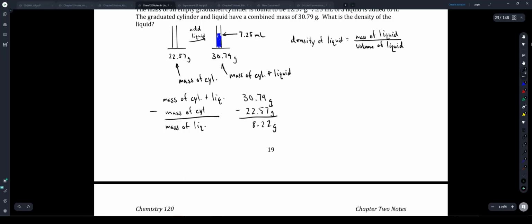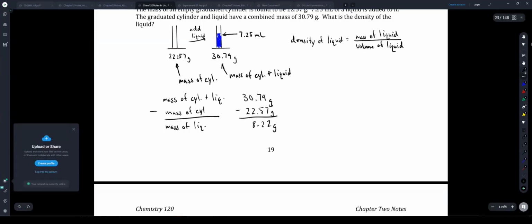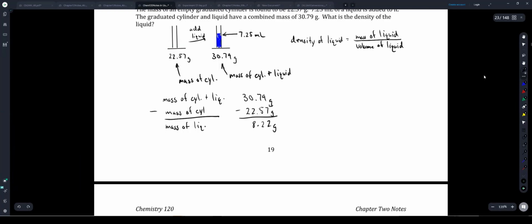That's the mass of the liquid. So make absolutely sure you're not putting either of these in the numerator. It's this minus this. Good. So what's the density going to be? What divided by what? The mass of the liquid is 8.22 grams. Good. And the volume?